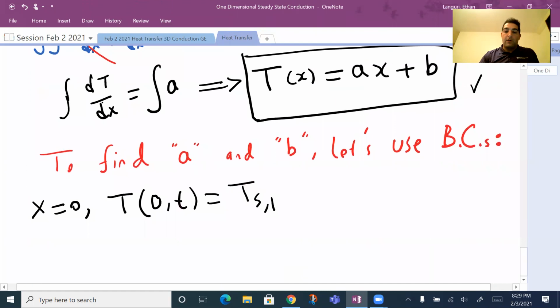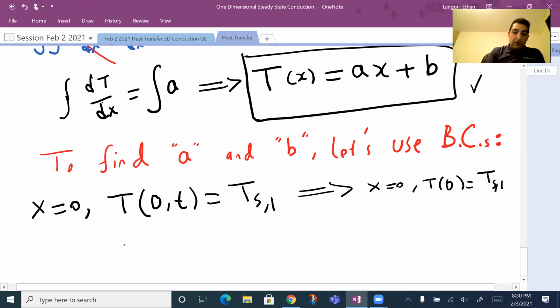So how can we use this? We have the governing equation, and we have the temperature distribution equation we found by the two integrals. Let's substitute here. Instead of x, I'm going to use 0, and for T, I have Ts1, right? So T at 0 equal to Ts1.